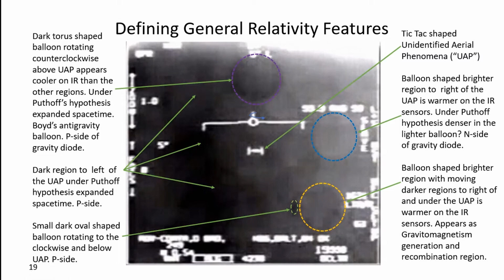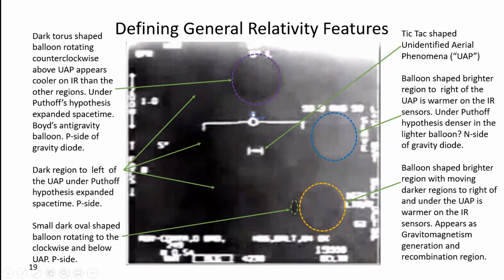We also have this region I'm talking about over here, where it's going clockwise, but it's also anti-gravitational. And then over here on the right, you'll see the balloon-shaped brighter region. It appears warmer on our IR sensor. Under Puthoff's hypothesis, denser is the light balloon. This is also hypothesized to be the donor side, or the N side, of the gravitational diode.